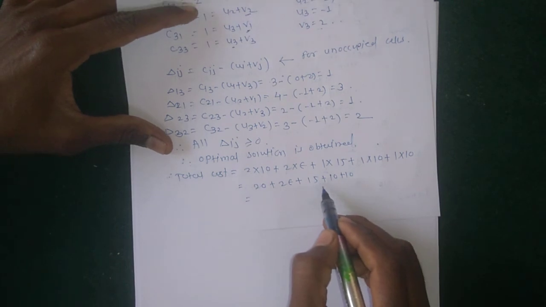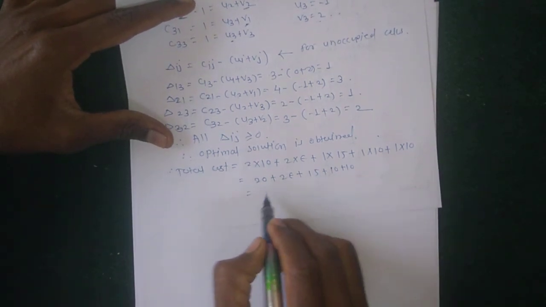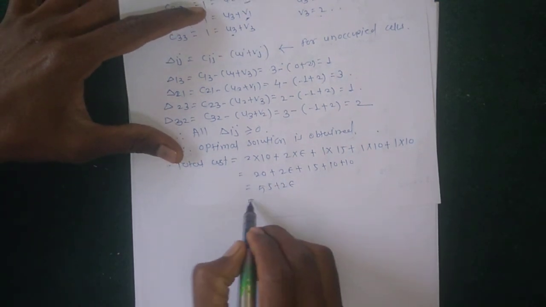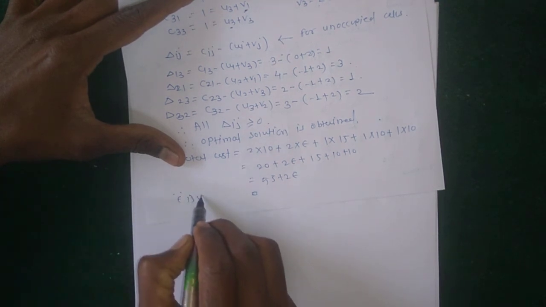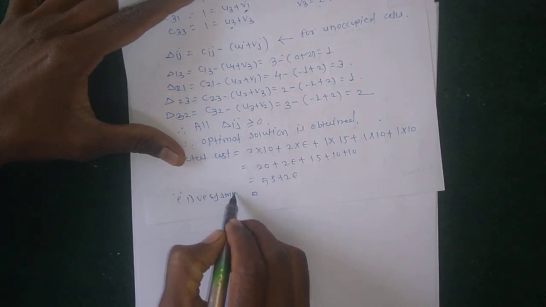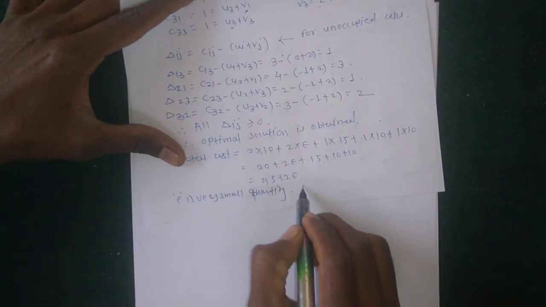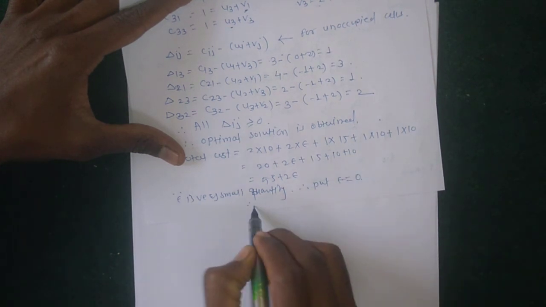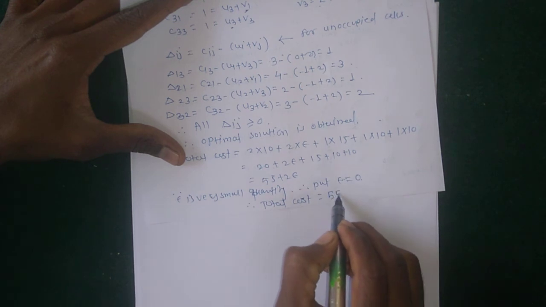So their value is 20, 30, 40, 55 plus 2 epsilon, and epsilon is a very small quantity. Therefore put epsilon equal to 0, and therefore the total cost is equal to 55.